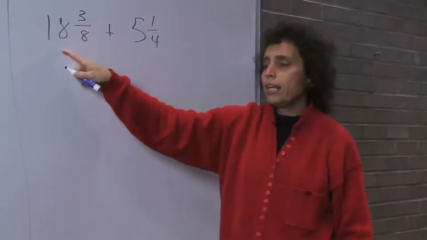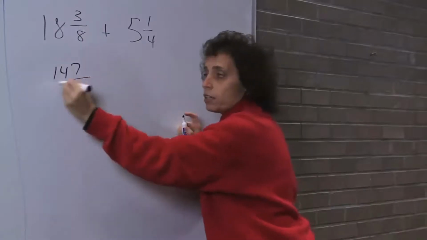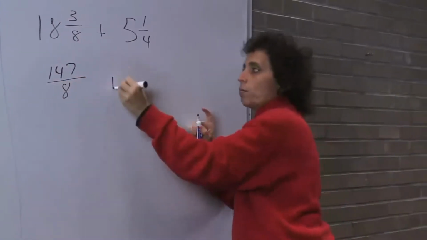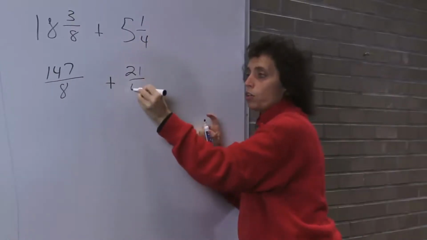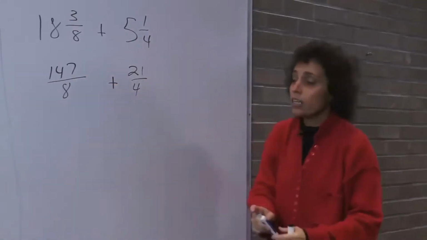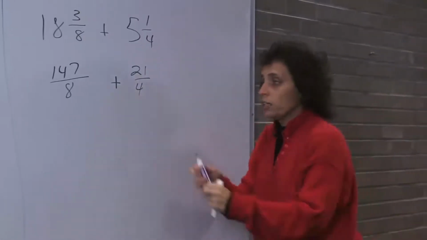8 times 18 is 144, plus 3 is 147. So it's 147 eighths. Plus 4 times 5 is 20, plus 1 is 21 fourths. Look how big that number is already. It's going to get a little ugly, but we can do it. Again, your LCD is 8, so we're going to leave that alone.